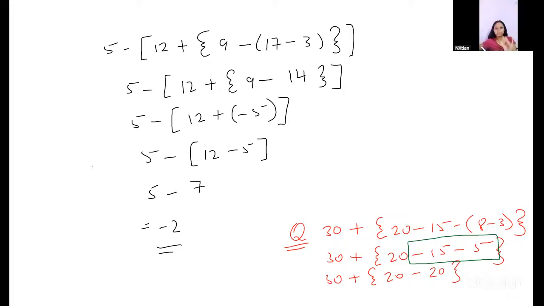Minus minus plus. That is why I have 20 here. Why negative 20? Because 15 is negative. Negative 20. Then 20 minus 20 is 0. So 30 plus 0 equals 30. 30 is the answer. Okay, Nathaniel, Anna, got it?